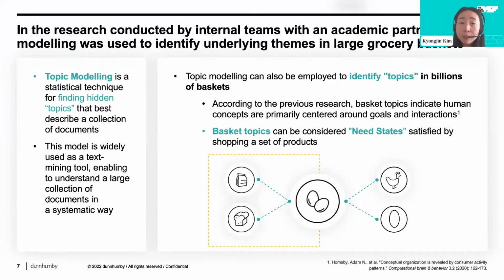For example, data science topic has high association with words like machine learning, computer science, coding, etc. If those words appear frequently in a document, one is likely to classify this document as a data science document. In the same way, a topic model identifies topics using frequency of words in a document. So this model enables to understand a large collection of documents in a systematic way without prior knowledge or input.